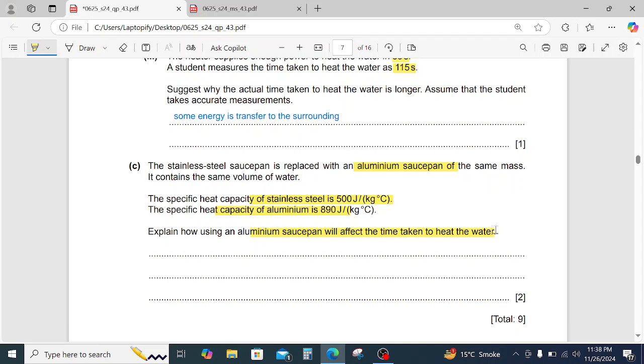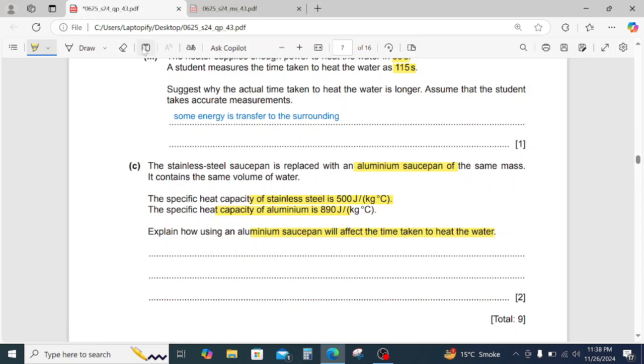So when you replace the stainless steel saucepan with an aluminium saucepan, the heat capacity of aluminium is 890 joule per kg per degree Celsius. It means heating your water using the aluminium saucepan requires more time to raise the temperature of the water because its heat capacity is larger than stainless steel.